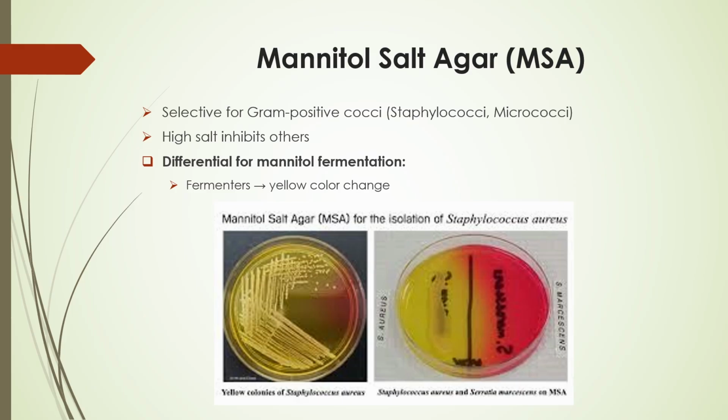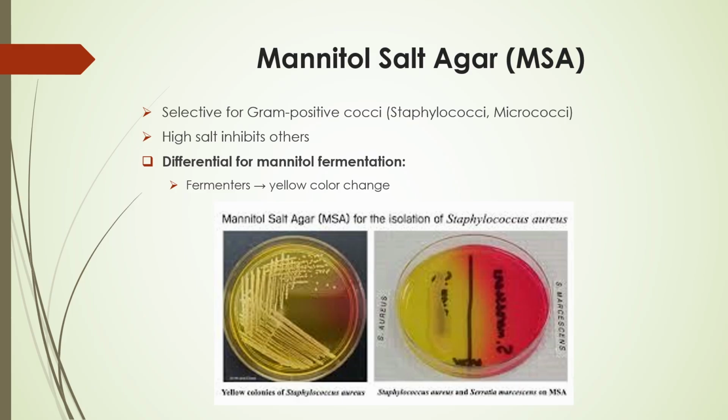It is selective because the majority of other microorganisms are inhibited by its high salt concentration, 7.5%. Additionally, MSA differentiates by mannitol fermentation. It has phenol red, a pH indicator that turns yellow when mannitol fermentation produces acid. Staphylococcus aureus and other pathogenic organisms ferment mannitol, turning the medium yellow.